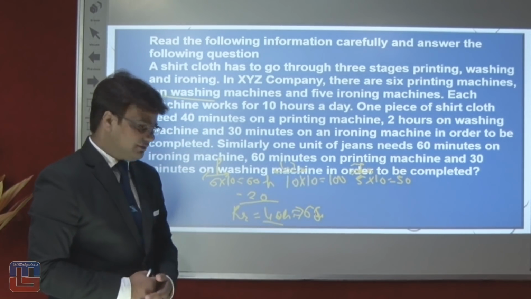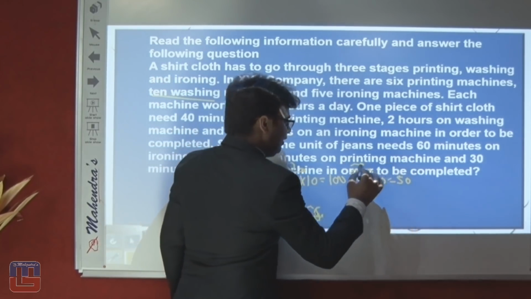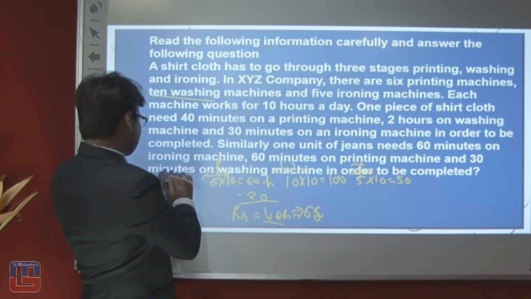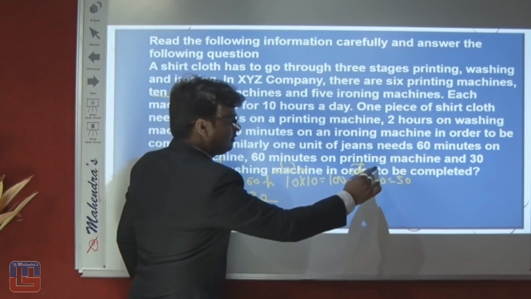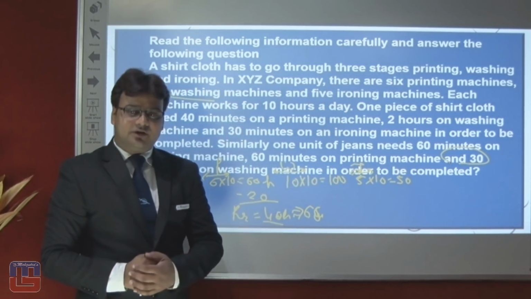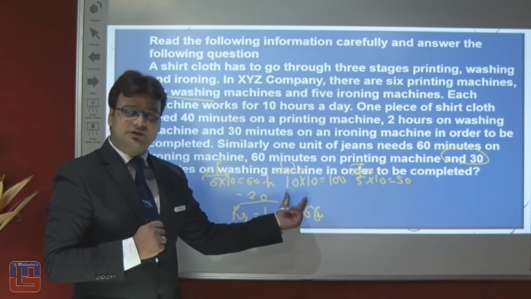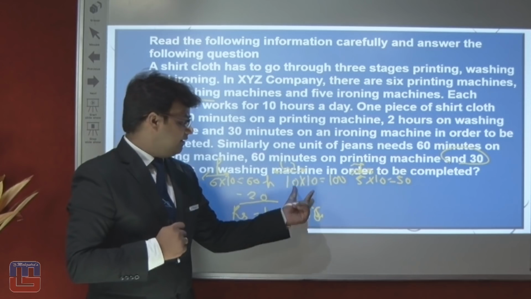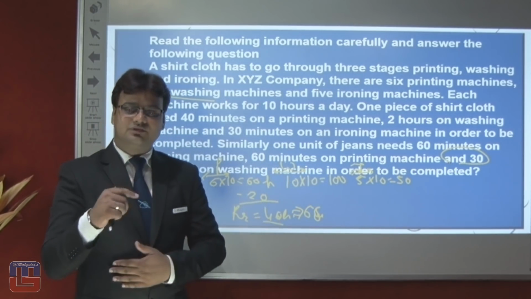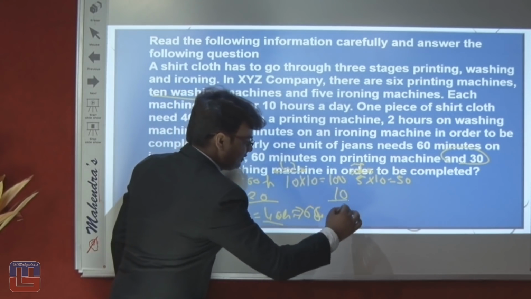Here 20 jeans are completed, and washing takes 30 minutes per jeans, so 20 jeans take 10 hours. That means 90 hours remain.